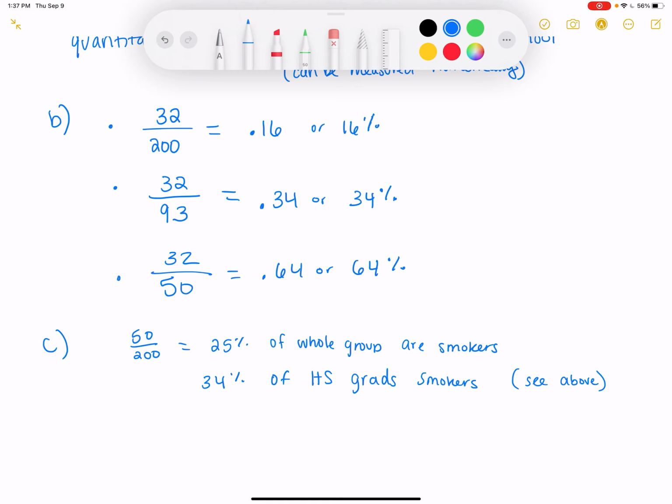So we want to set it up the same way. What was the total number of people with 2-year college? 22. And how many were smokers? 5. So what percentage does that one give us? 23%. Okay, 23%.